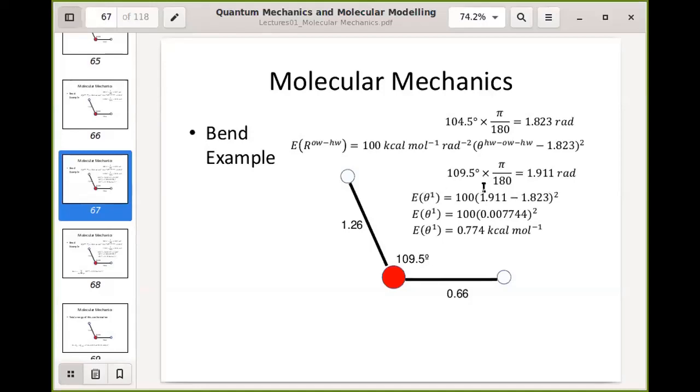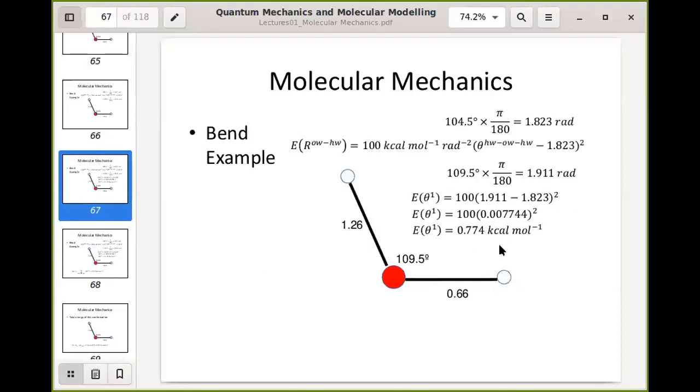Theta here is our 109.5 degrees that we've got here in radians. Theta naught is the 104.5 in radians. And of course, we get an energy term. And you can see that that slight displacement from equilibrium is not as harsh in terms of energy increase as those compressions and stretches of the bonds that we had.